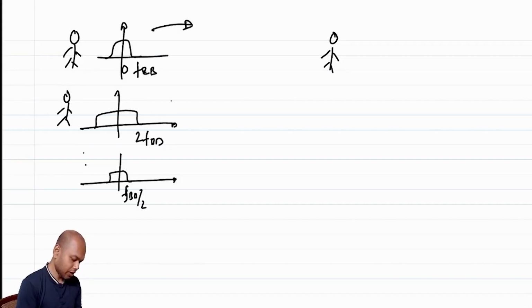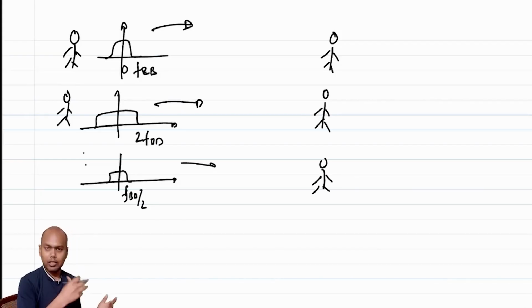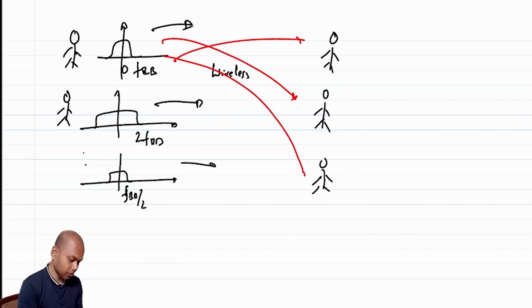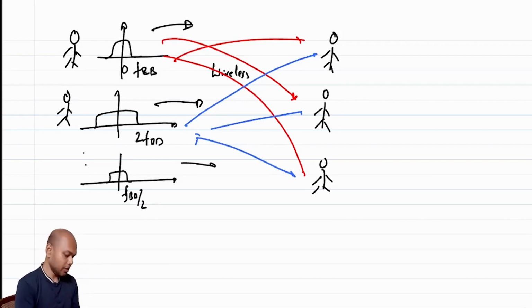There are receivers who are also willing to listen, right? So now, since this is a wireless channel, this signal goes there, this signal goes here, this signal goes there. Similarly, this signal goes there, and so on, right?